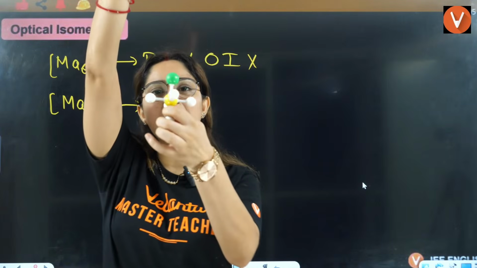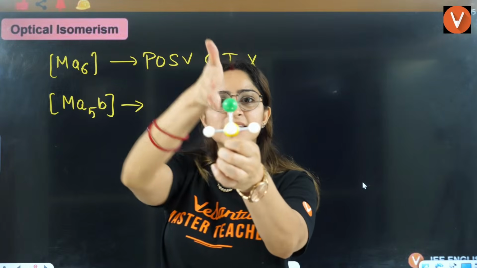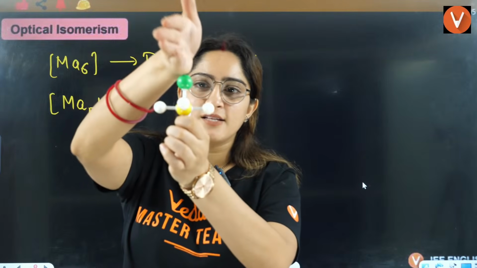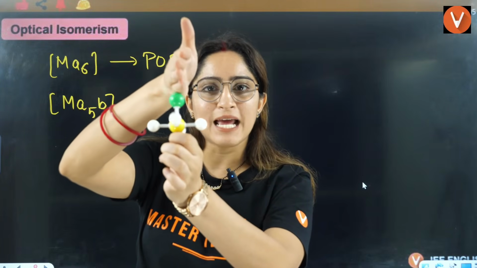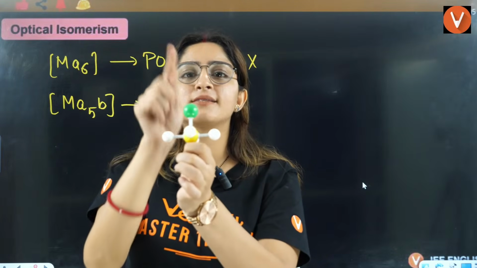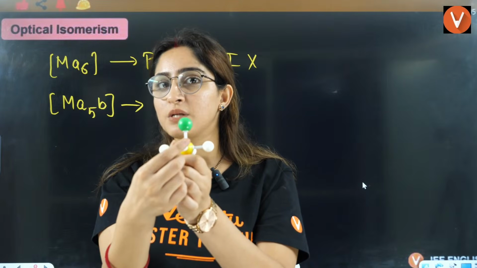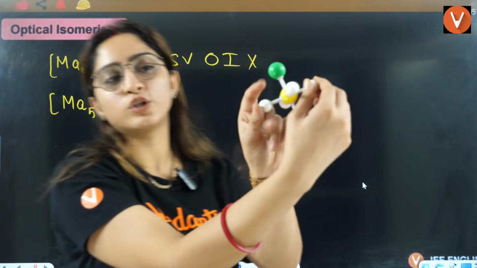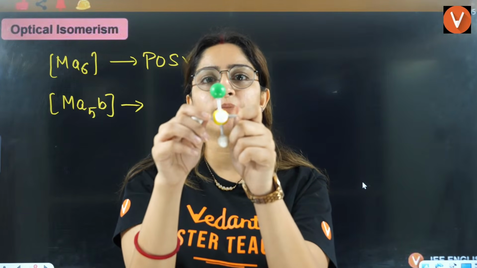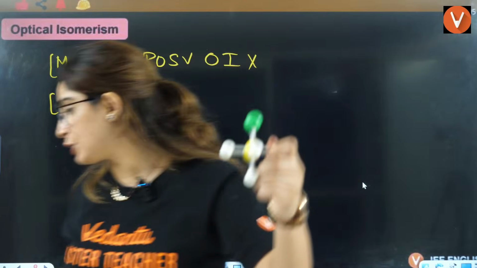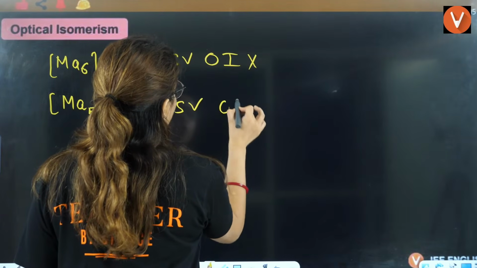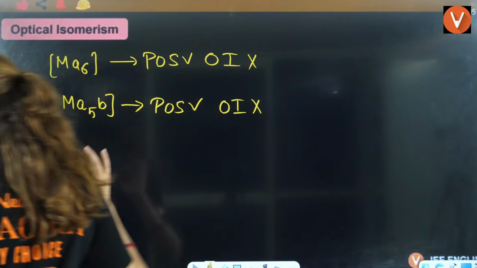Now if I pass a plane like this, if I slice it like a knife cutting a cake, this atom will be cut into equal halves, and the atom on the back side will be cut into equal halves, and the other atoms will be on 2 different parts. So it can be cut into equal halves. You can say POS is present, optical isomerism does not exist.